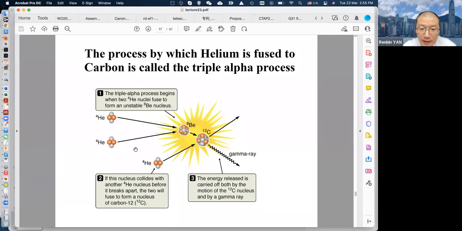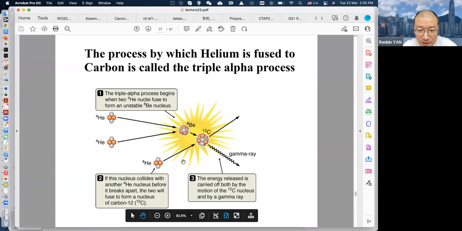So helium fuses directly into carbon in the overall process, because the beryllium one is very unstable and has a very short lifetime. So the overall reaction is effectively 3 helium nuclei forming 1 carbon nucleus. And then it emits some gamma ray radiation in the process. That's where the energy goes.